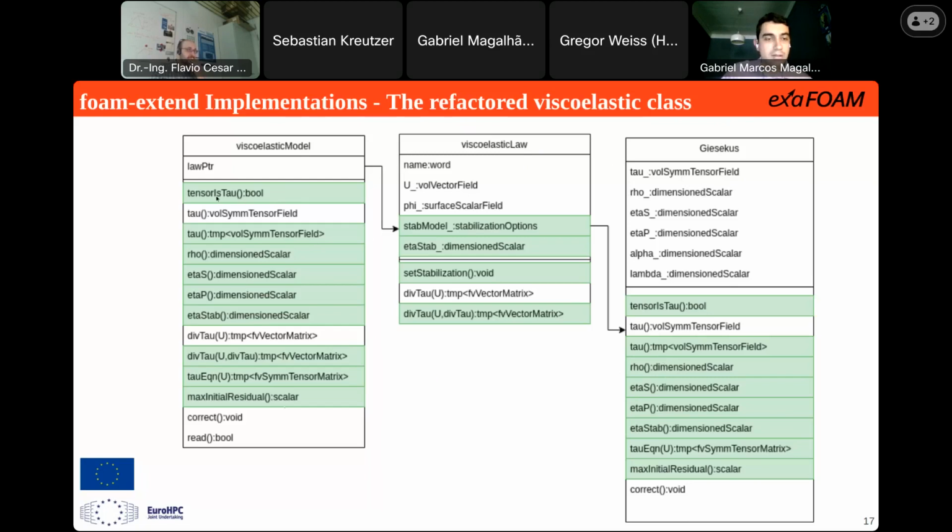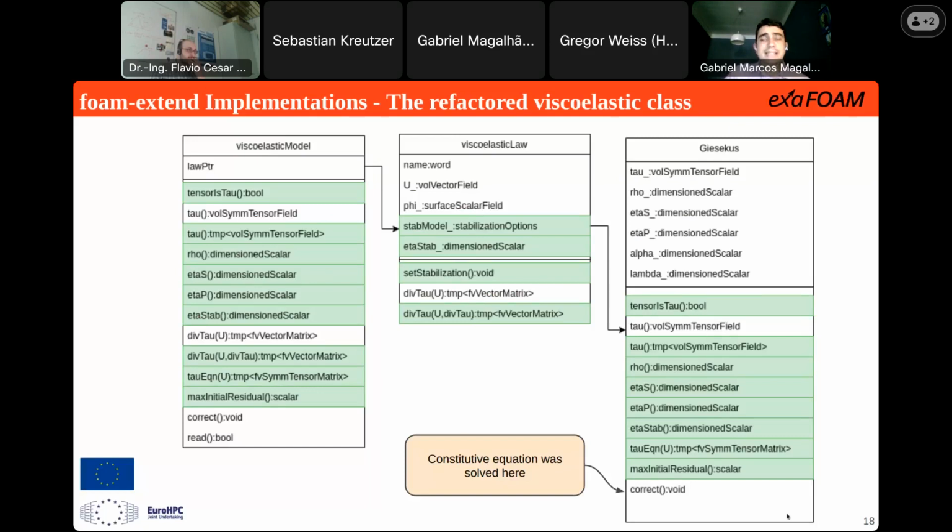So here I'm highlighting in green the new member functions that we implemented in the viscoelastic class and the new variables that we are using. I will discuss briefly some modifications that we implemented.